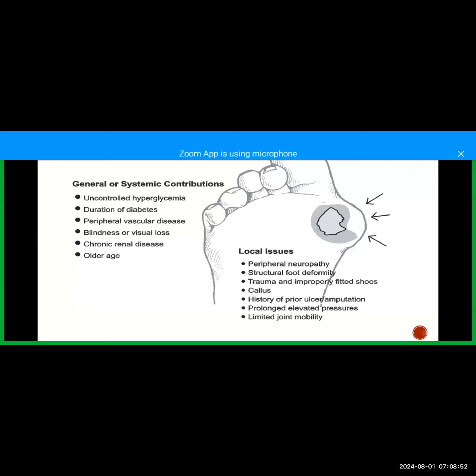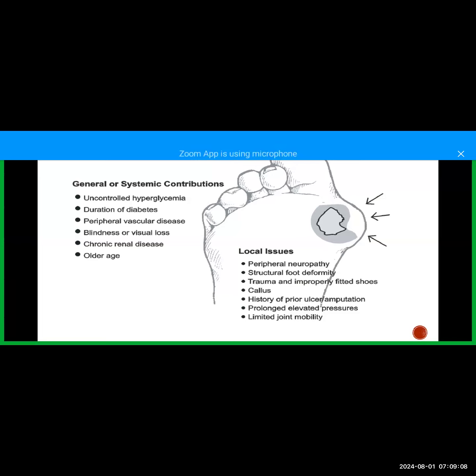The risk factors for developing diabetic foot syndrome could be classified into general and systemic contributions and local issues too, which contribute to diabetic foot ulcer syndrome.